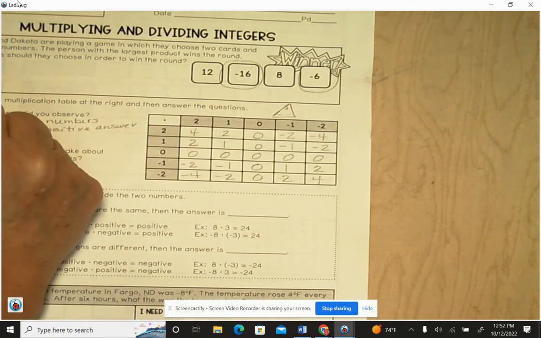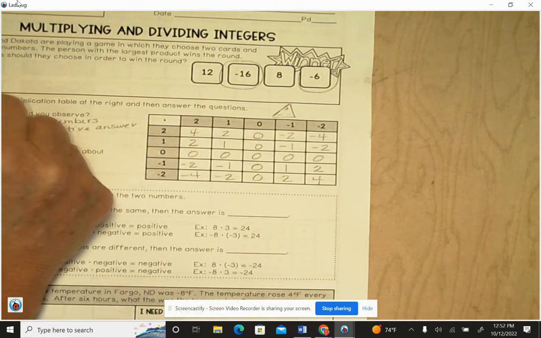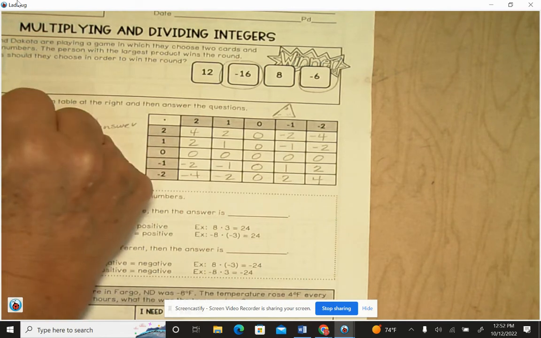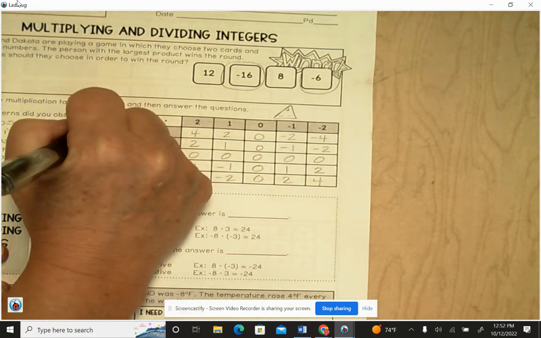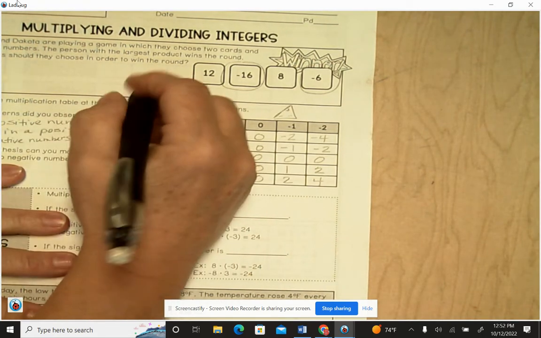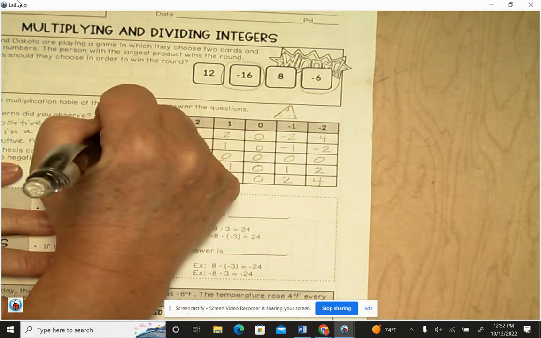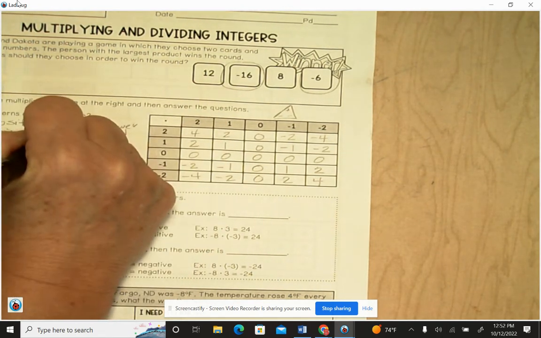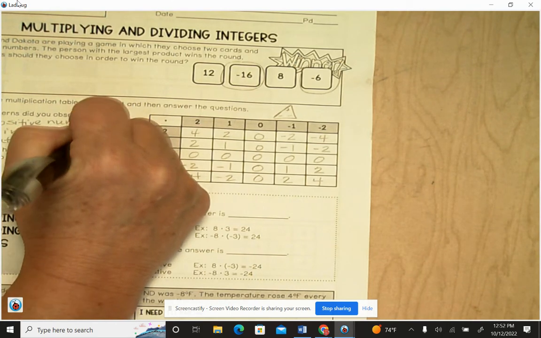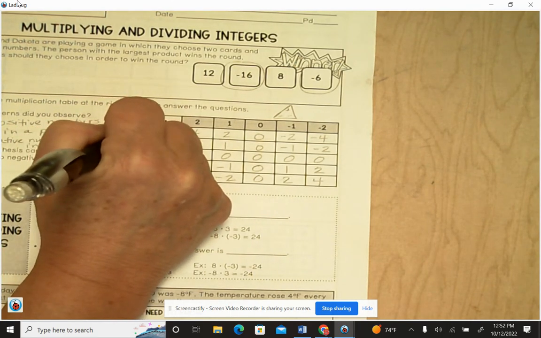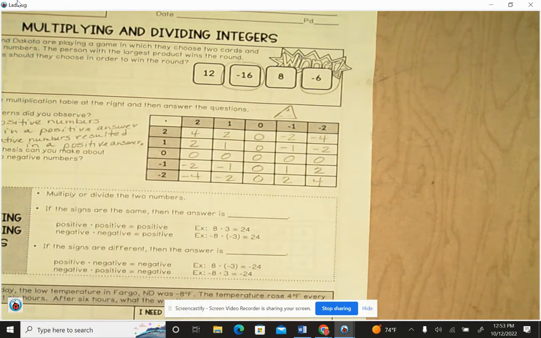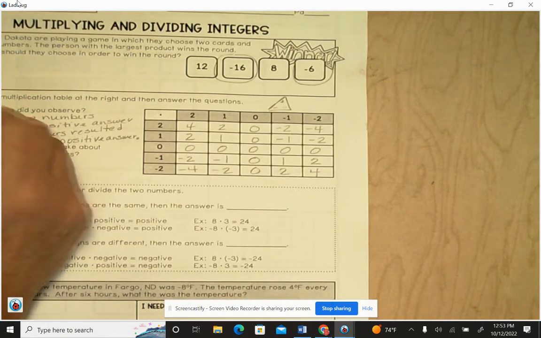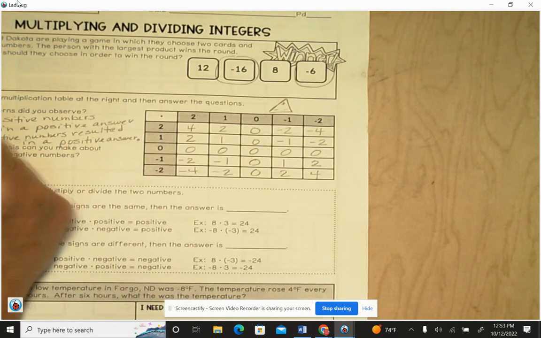And two negative numbers result in a positive answer. What hypothesis can you make about multiplying two negative numbers? The solution will be positive.